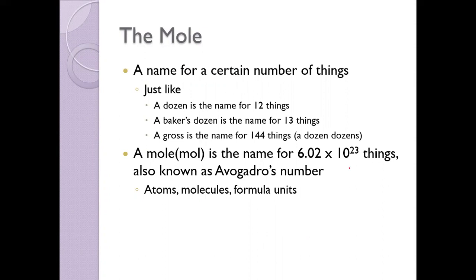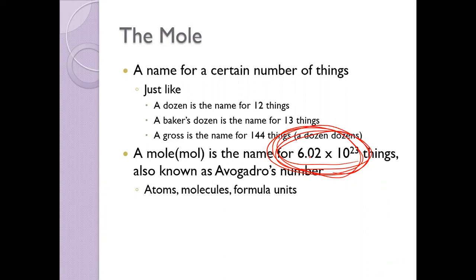So way back a long time ago, this dude named Avogadro was studying carbon-12, which is one of the isotopes of carbon. And he did a whole bunch of estimations about how many atoms existed in 12 grams of carbon-12. And he came up with this number of 6.02 times 10 to the 23.